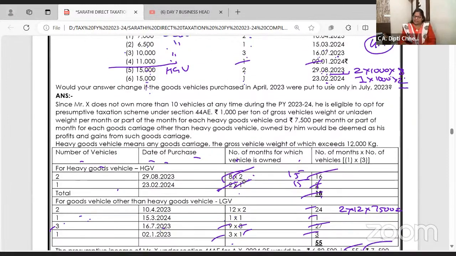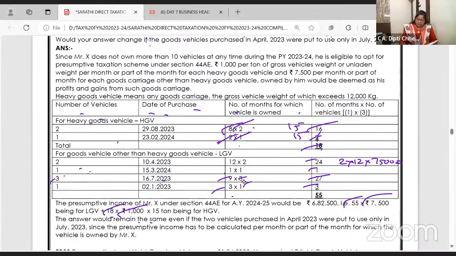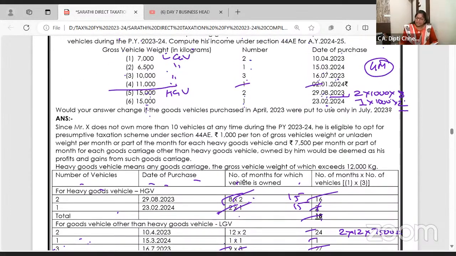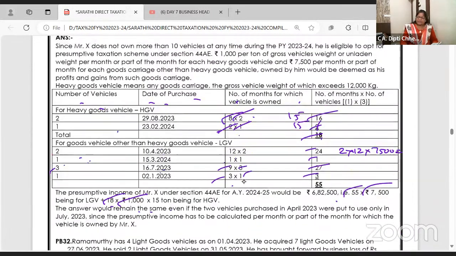I think it will come same. करके देखो calculator में. 2 into 1,000 into 8. 1 into 1,000 into 2. So this is per ton 1,000. And how many tons are there? 15. So और 15 से भी multiply हो गया. Into 15. You are getting 2,70,000. That's what is the answer.